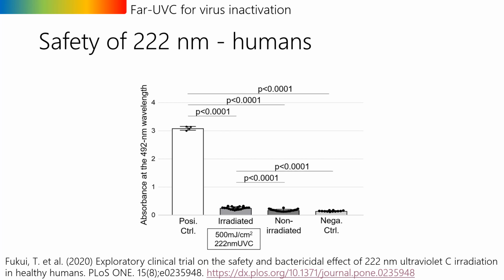And 24 hours after irradiation, they saw absolutely no erythema. The sites that were exposed to the 500 millijoules per centimetre squared were biopsied, and they did show some CPDs, which were slightly but significantly higher than in the non-irradiated skin.